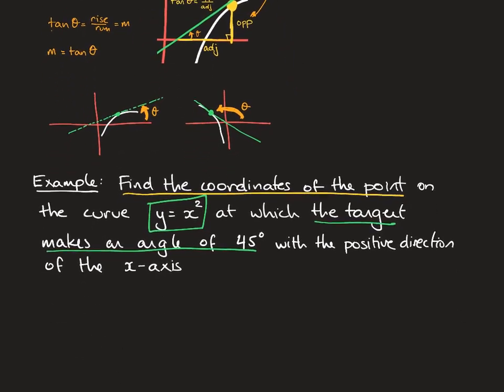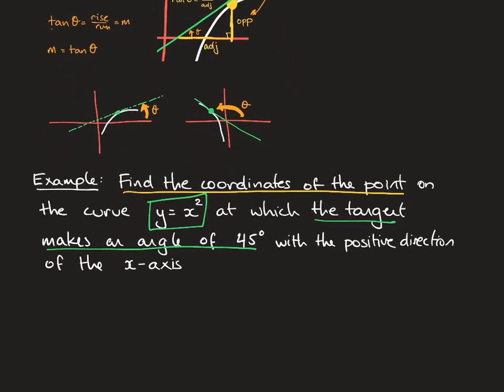Okay, so we know that the formula is that the gradient of the tangent m is tan theta. So m is the gradient of our tangent, which we know is the derivative of the function. Our function is x squared, so its derivative is 2x.